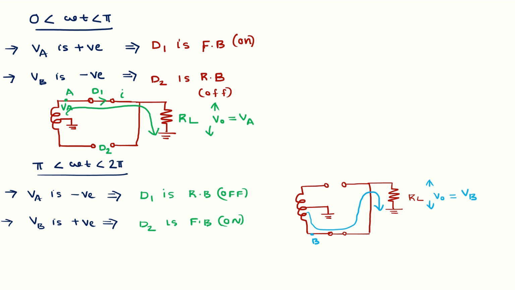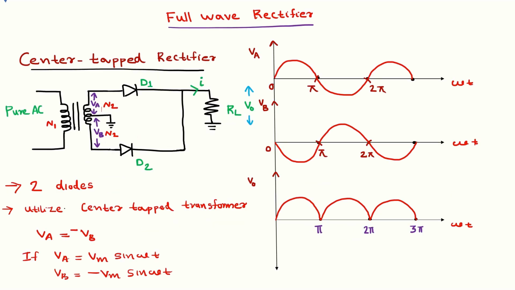Okay, so now observe the waveform of V0. V0 is VA when the time limit is from 0 to pi, and V0 is equal to VB when the time limit is from pi to 2 pi. So the output waveform, that is the voltage across the load resistor, has the shape shown in the figure.